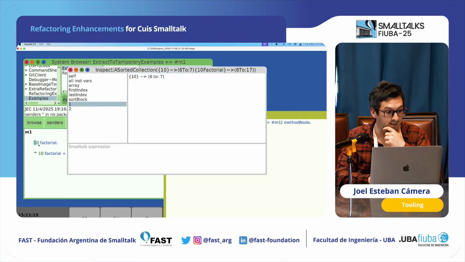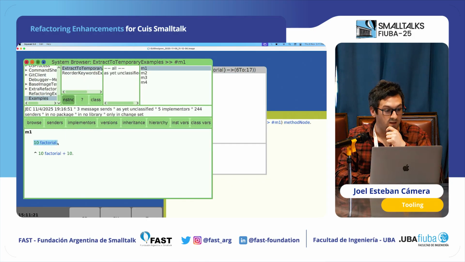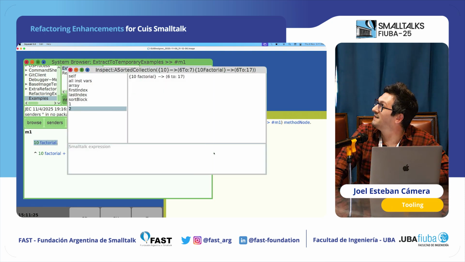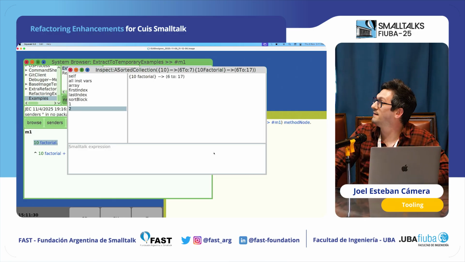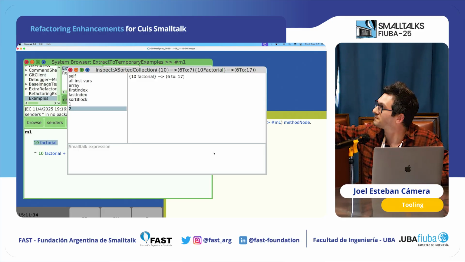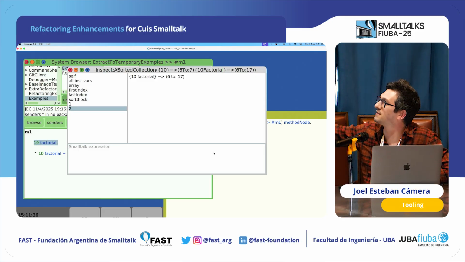Here we have the 10, that is this 10, and the 10 factorial, that is this one. So with this, I can get all the nodes that are involved in the piece of code I'm trying to extract.